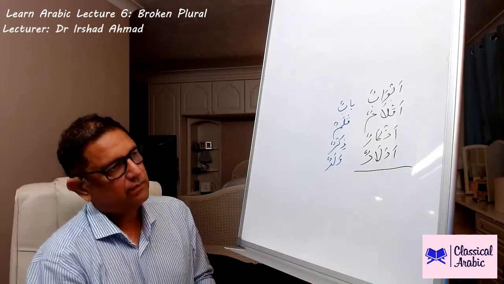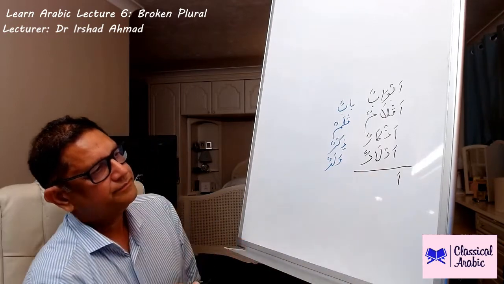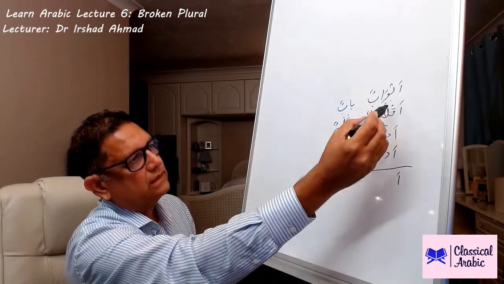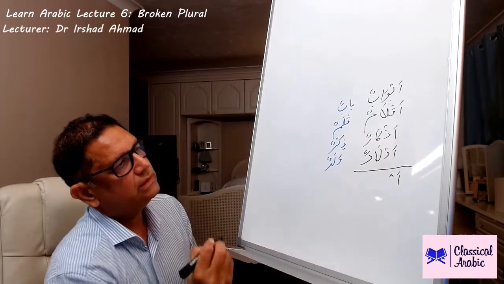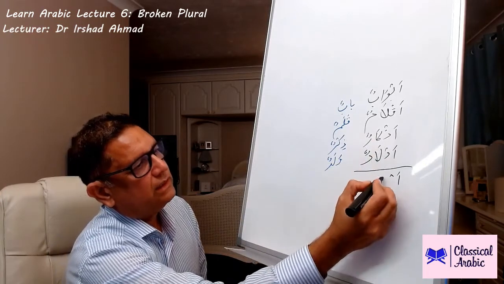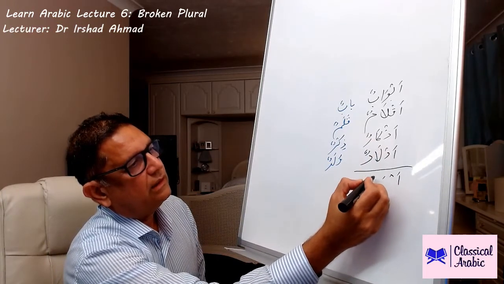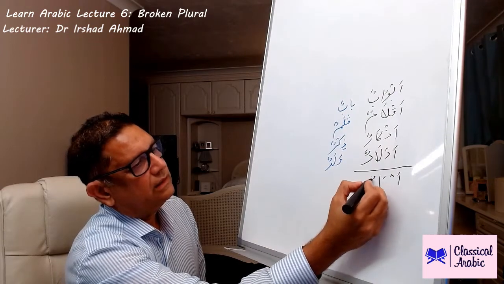Here we have Hamza common. These are different letters, but what we have common here is sukoon, and then fatha, and then alif, and then tanween.